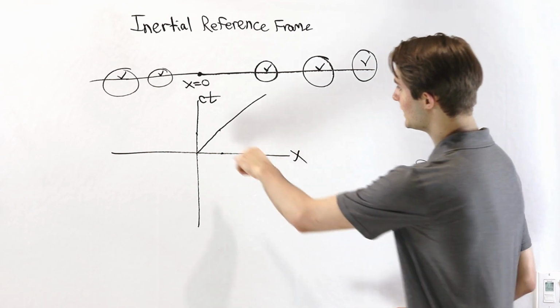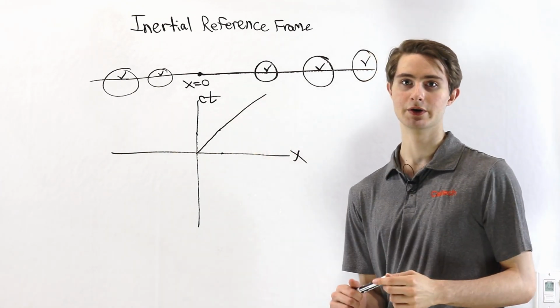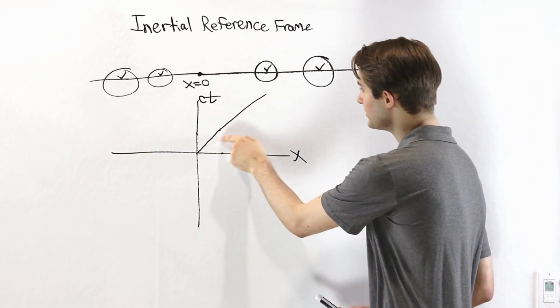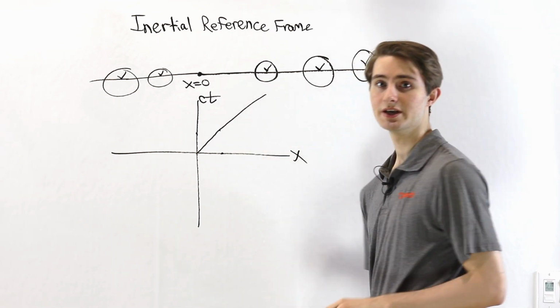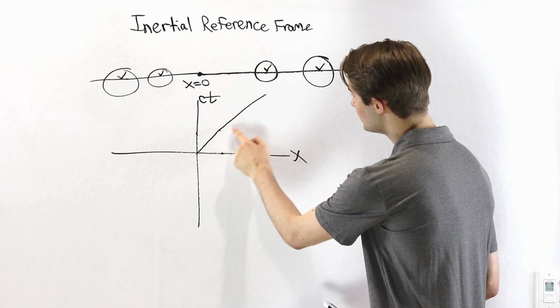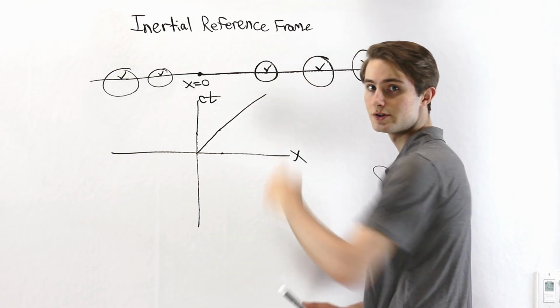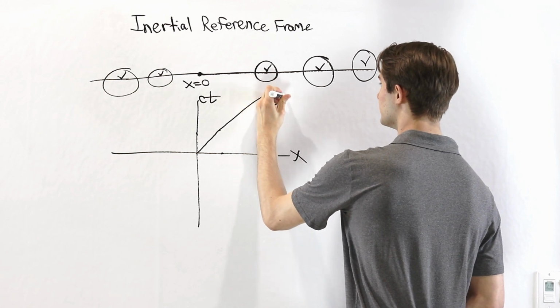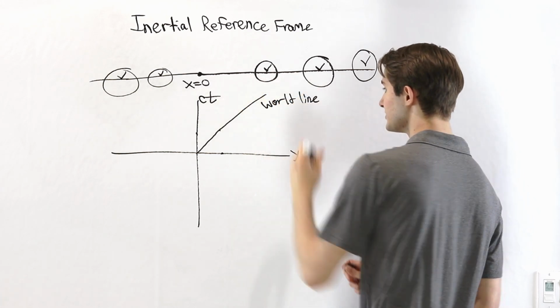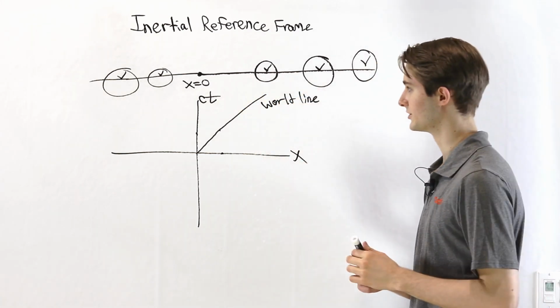Any line that we draw in this diagram gives us a sequence of events that tells us the position of a particular particle at every point in time as we go along the line. One of these lines is called a world line, as it describes the motion of a particle over time.